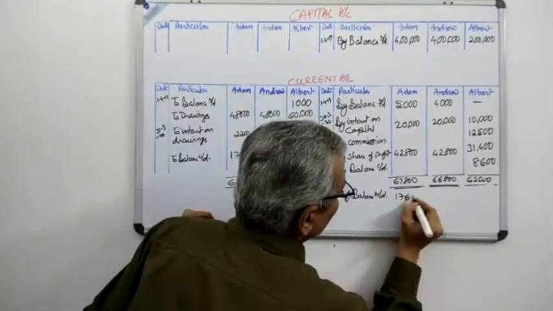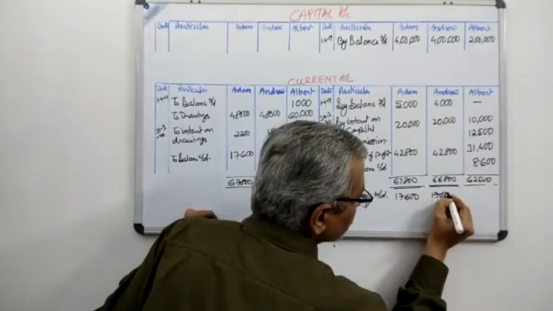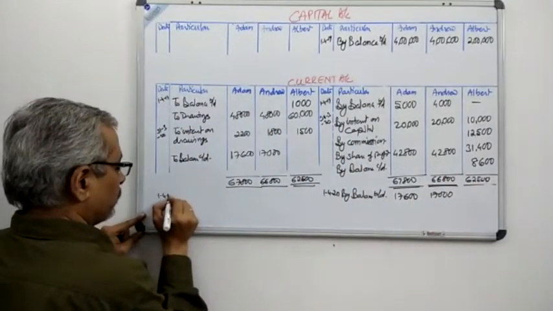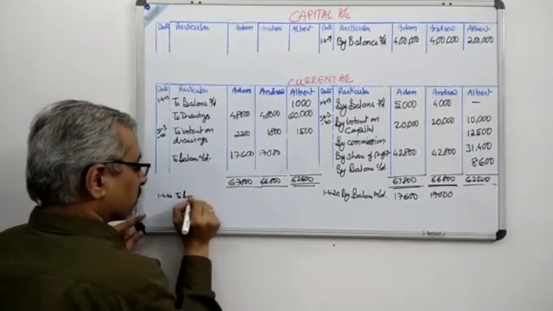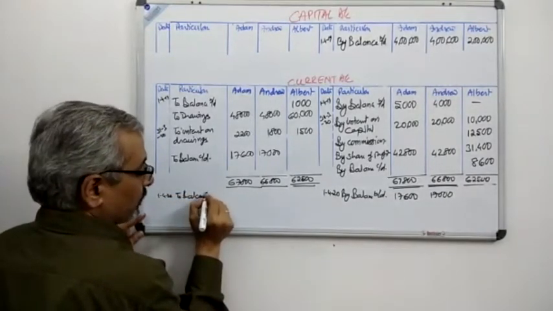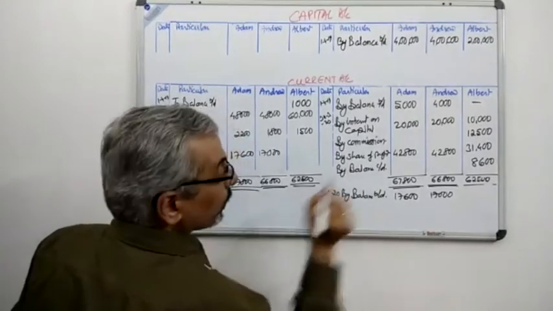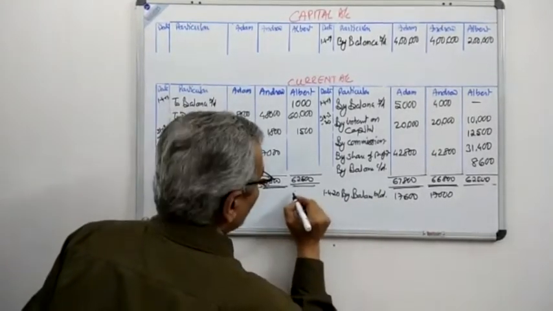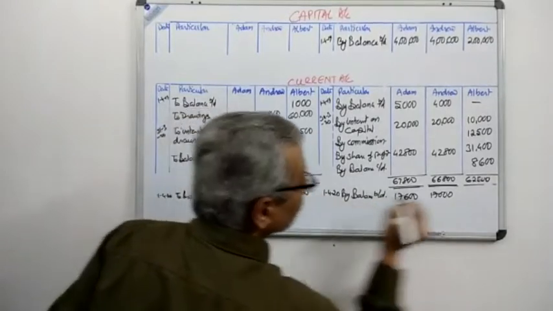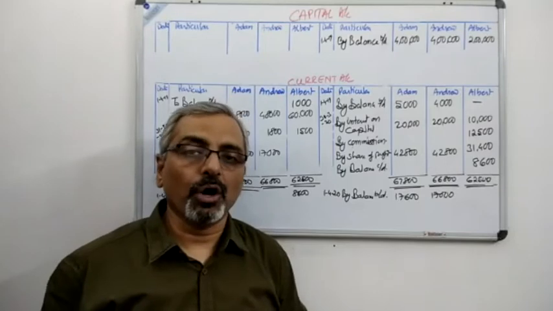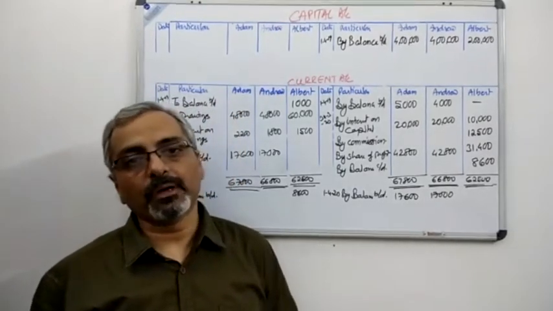Figures 17,600 and 17,000 respectively, and over here on 1st of April 2020, to balance brought down for the last partner, Albert, 8,600. So by this we conclude the preparation of the capital account and the current account.